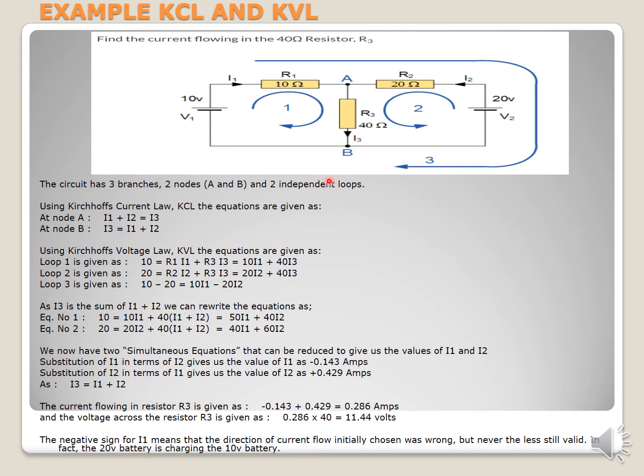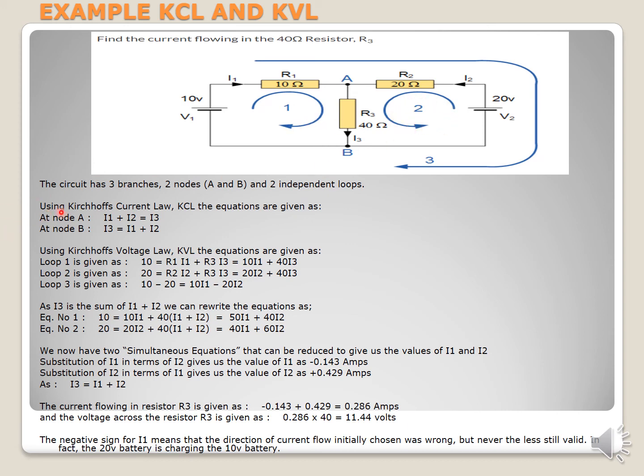So next, we will proceed with the example of KCL and KVL. Find the current flowing in the 40 ohm resistor R3. The circuit has 3 branches, 2 nodes A and B, and 2 independent loops 1 and 2.